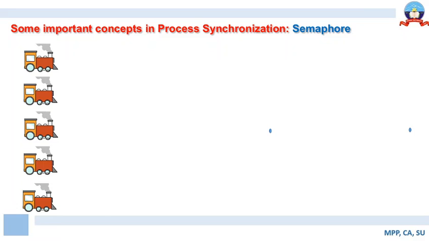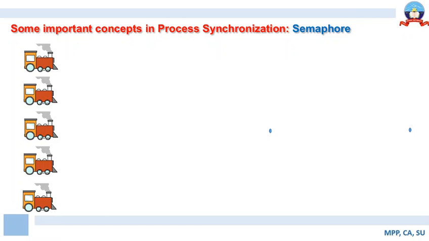Now here, for simplicity, I am representing the processes with the help of 5 trains. So these 5 trains represent 5 different processes in a computer system. In the first instance, all of these 5 processes have their exclusive resources.